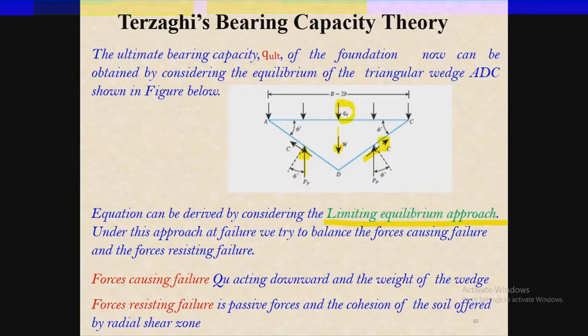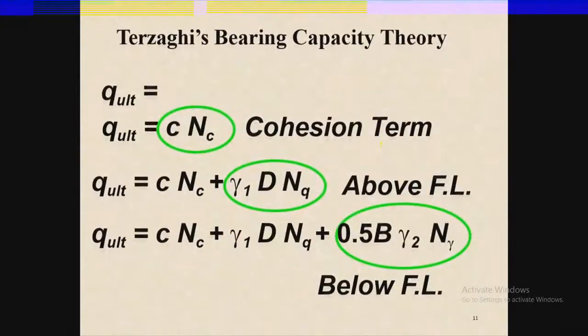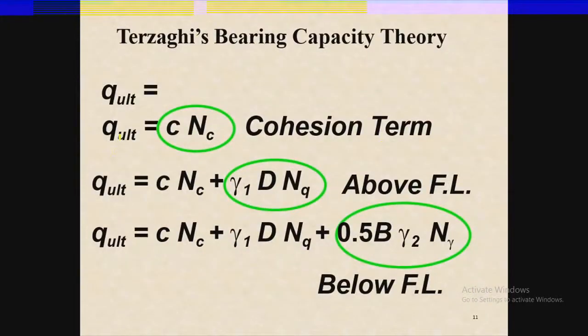Solving this equation, we can easily find the equation Q ultimate = C Nc + γ Df Nq + 0.5 B γ Nγ, in which C Nc is the term due to the cohesion of the soil.